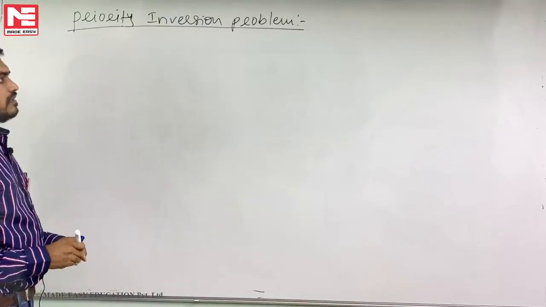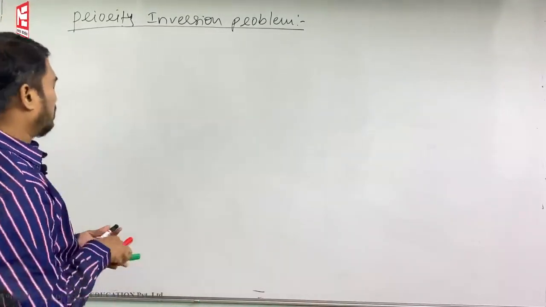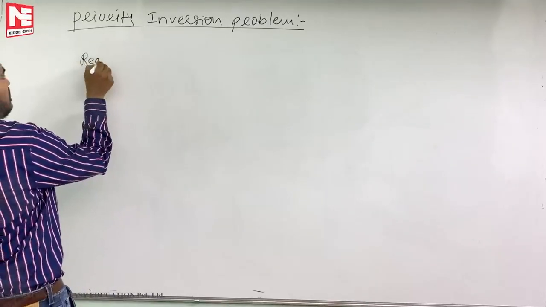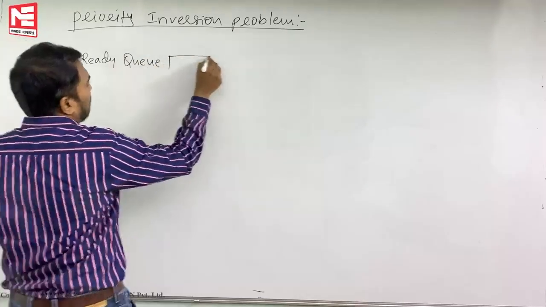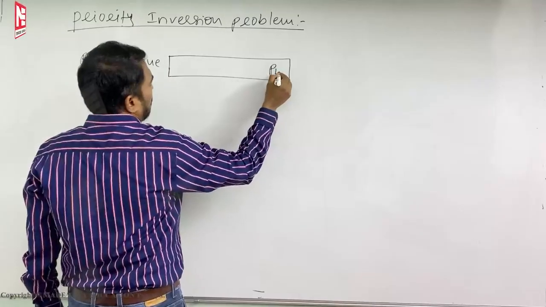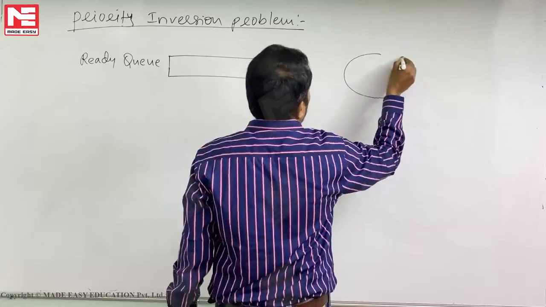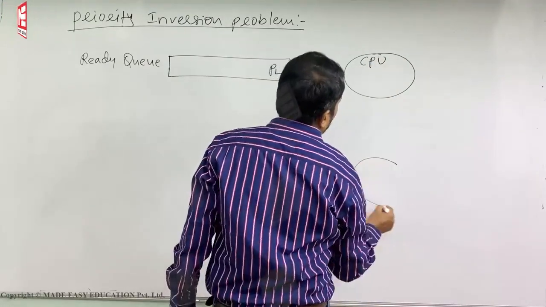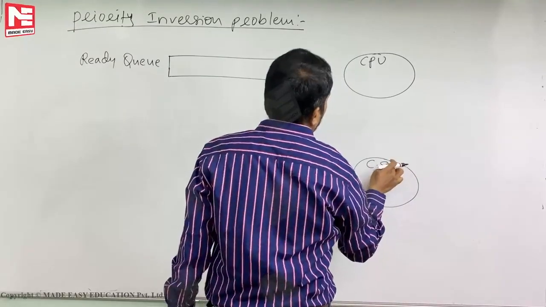Copy this. Okay. So what is the meaning of priority inversion problem? Just copy this. In the ready queue, you are having only PL, low priority process, and we are having CPU here, we are having a critical section here.